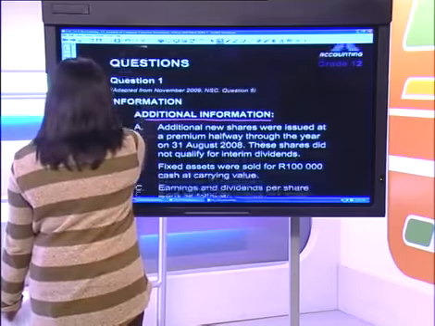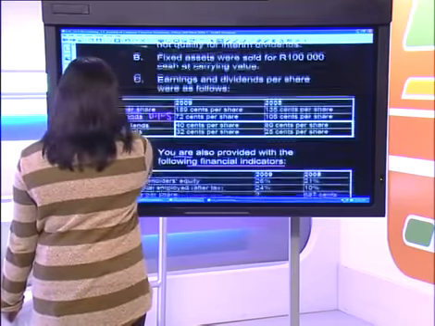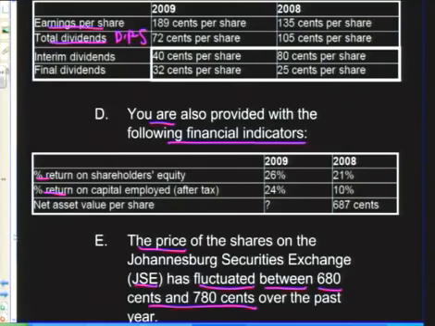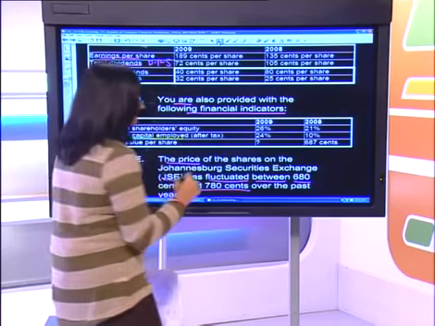Let's find this. And here I'm going to my financial indicators. If you look at your return on capital employed, now remember, I spoke about risk. Return on capital employed is one of those ratios that will indicate to you whether the business is actually receiving a greater return than the percentage of interest that they're paying.